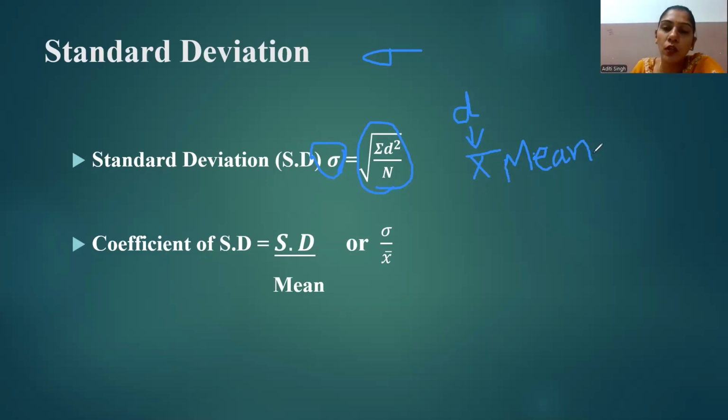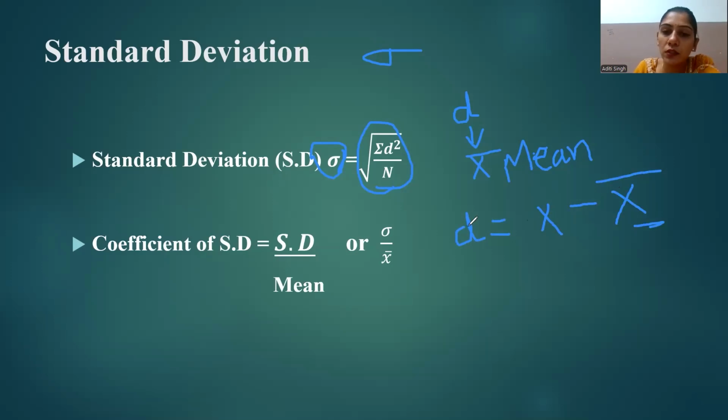So first of all, we have to calculate the mean, and with the help of mean, we calculate the value of d. d is basically x minus x bar, and x bar is mean.